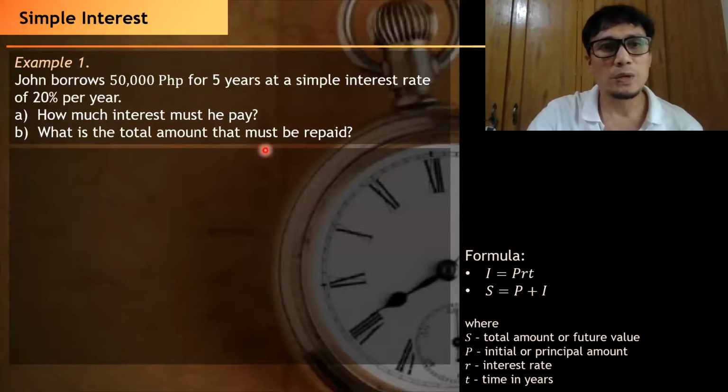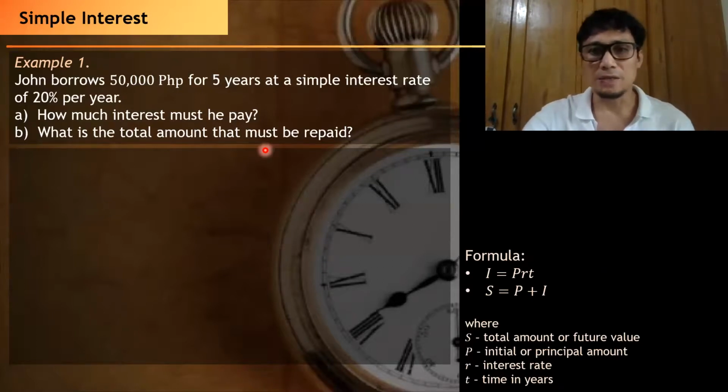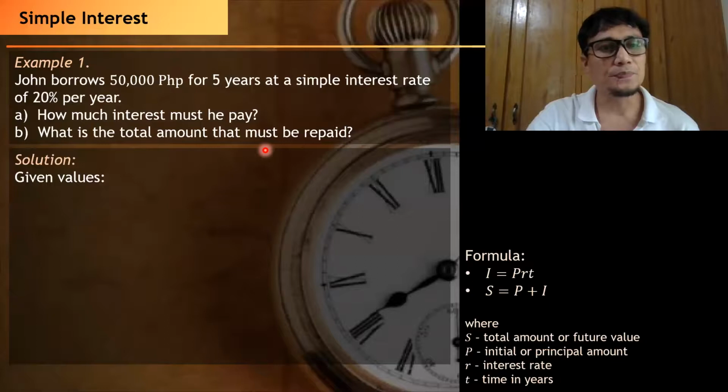To answer these questions, first let's identify the given values, no, from the problem. First is, what is this 50,000? Okay. This is actually your principal amount, or the initial value, which we denote by P. So your P is 50,000.